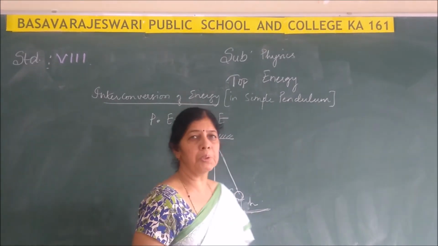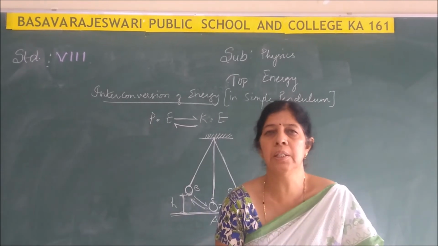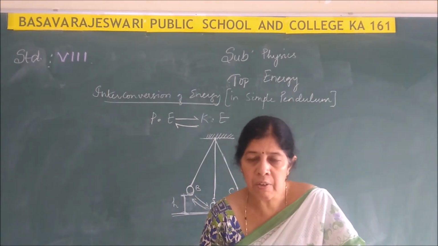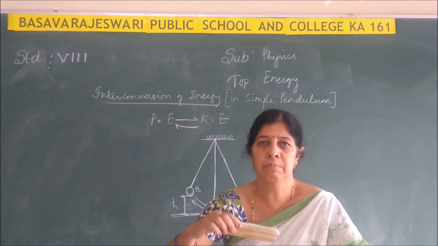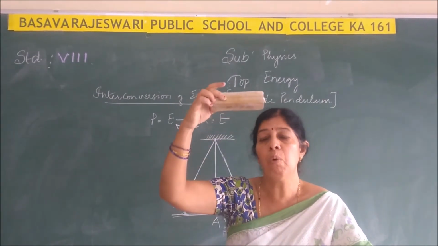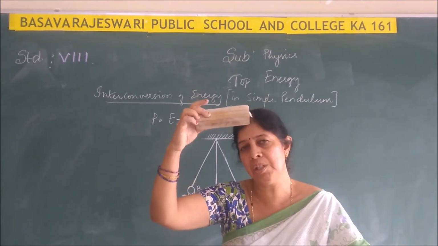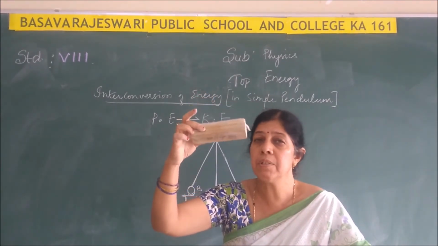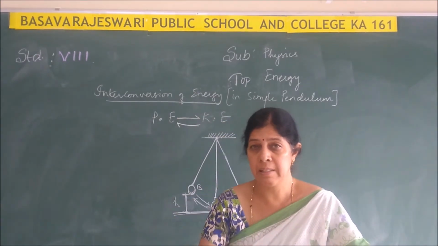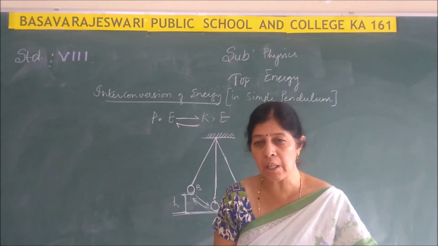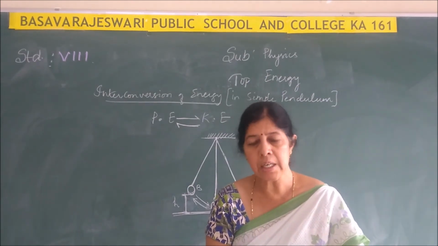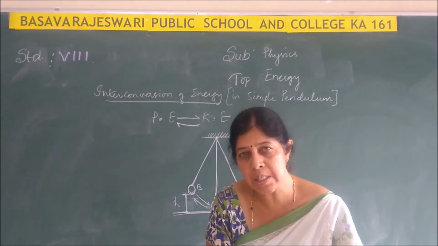Now, coming to the concept of potential energy, I have told you that as you raise the body from the ground level, what happens to the gravitational potential energy? The gravitational potential energy starts increasing. So if the body is on the ground or on the earth surface, then its potential energy will be zero.